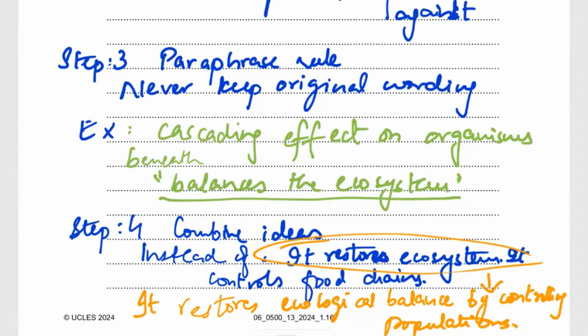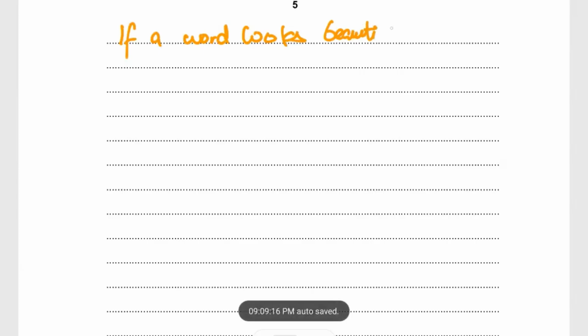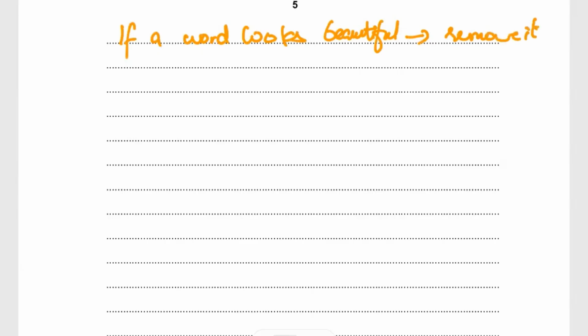Till here you got the gist of it, and now we will be moving towards the major tips, my dear students, which you have to write. Golden tip, which I'm going to tell you: if a word looks beautiful in a summary, simply remove it.